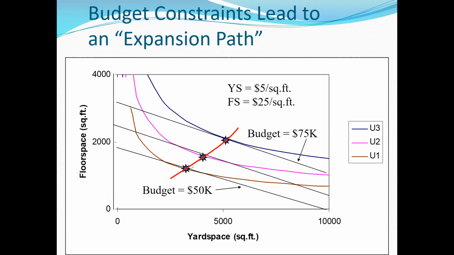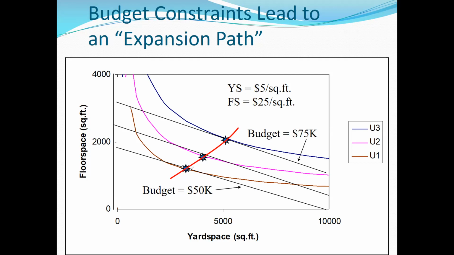Let's say the yard space sells for $5 per square feet, and floor space sells for $25 per square feet. Again, these are out of whack numbers, but let's go with these for now.